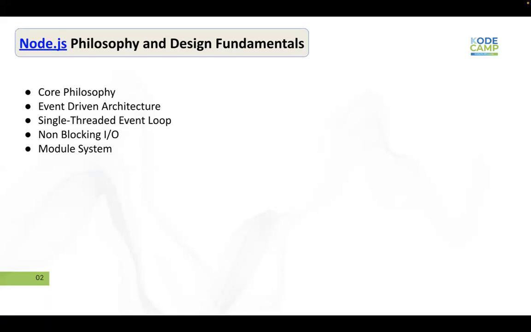We already discussed what modules are and gave some examples. So now that we understand the design fundamentals behind Node.js, we proceed. We discussed briefly the core philosophy: the event-driven architecture, the single-threaded event loop, the non-blocking IO, and the module system.